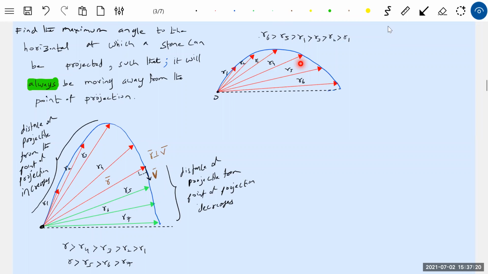Okay, I think there's a condition we can use. So let's start. Let me draw one more. This is R bar, the position vector, and this is V bar, the velocity vector.